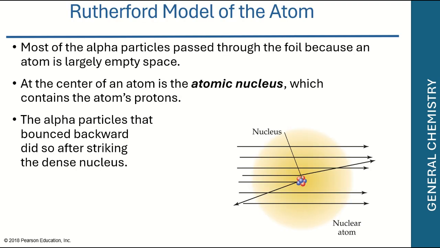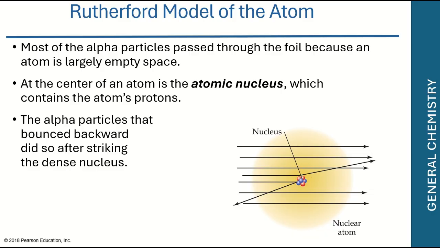So what we have there is, okay, something positive was deflecting that positive charge. So we have a nucleus, right? Because most of the alpha particles pass through the foil, because an atom is largely empty space. At the center of an atom is the atomic nucleus, which contains the protons, which have a positive charge.